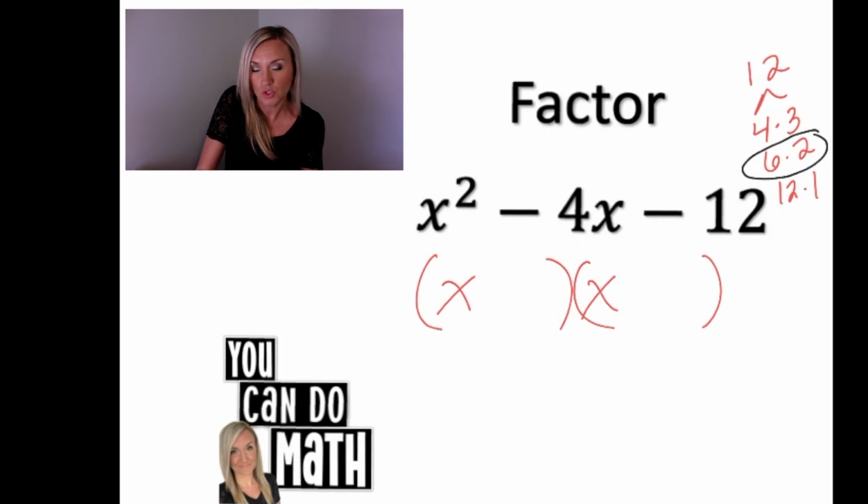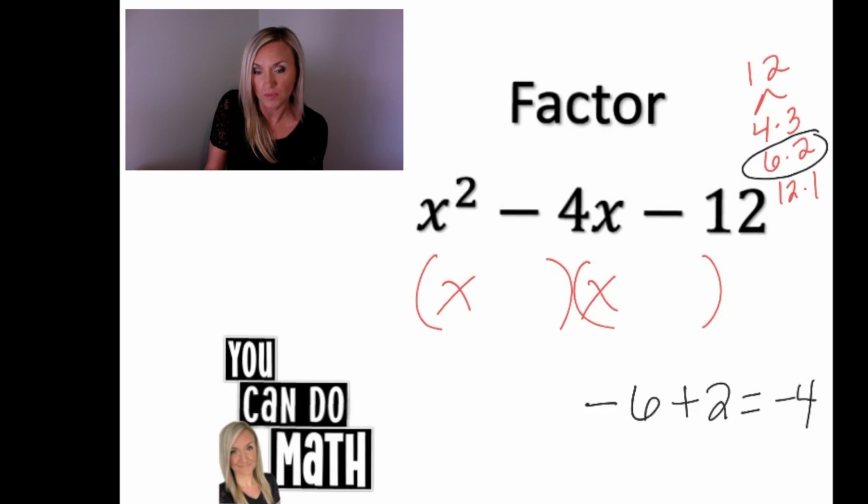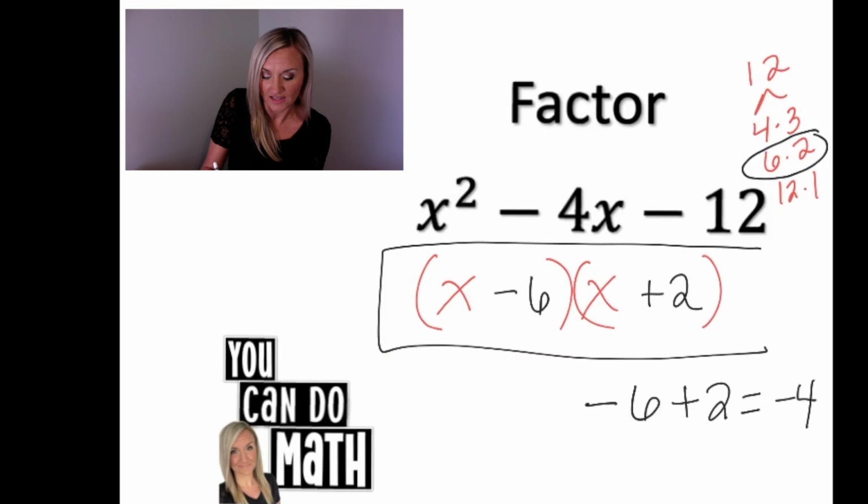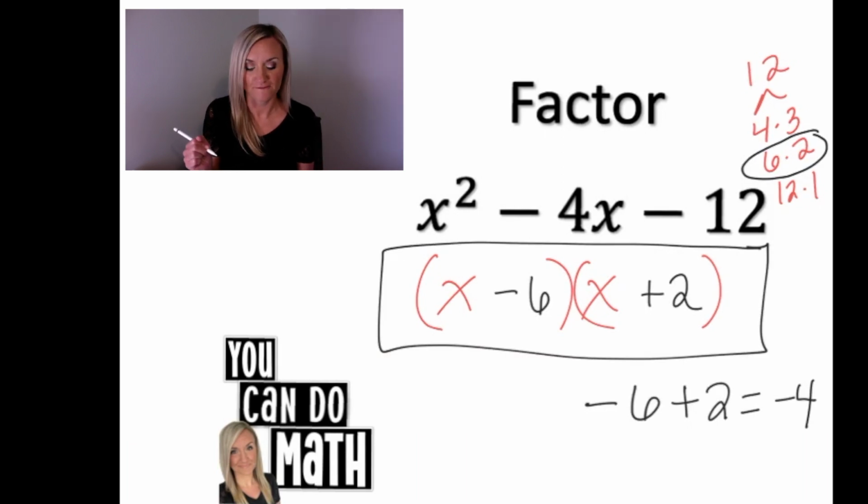It's got to be 6 and 2, right? 6 subtract 2 does give us 4, but the 4 is negative, which means I'm going to need to make the 6 negative. Negative 6 plus 2 does give me negative 4. So that's what I'm going to put into the parentheses, negative 6 and a plus 2, and that is our factored form.